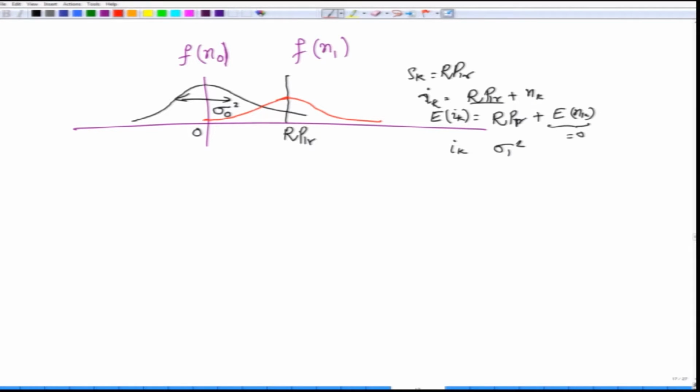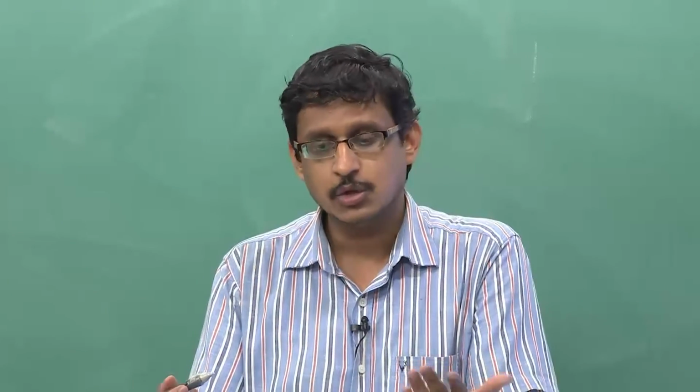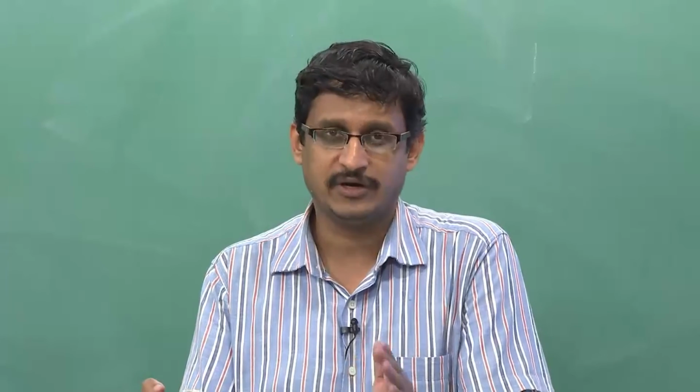Okay. Now, coming back to what is this PE, PE is the thing that happens when you receive a bit and decide the bit in favor of 1, but when the actual bit that was transmitted was 0, right. So, you commit an error whenever you erroneously decode the bit or determine the bit.